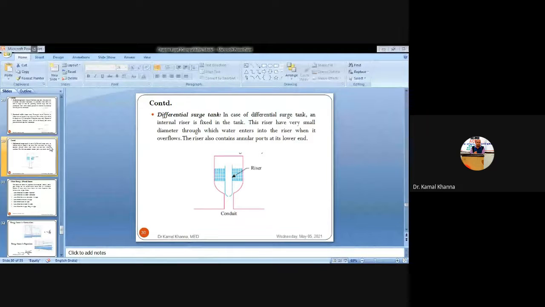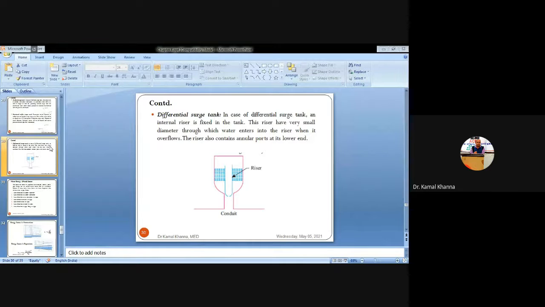Similar to the orifice installed in the previous case of the restricted orifice surge tank, in the differential surge tank we have installed a riser, and one end of the riser is open to the surge tank, and the other end has a very small hole entry.